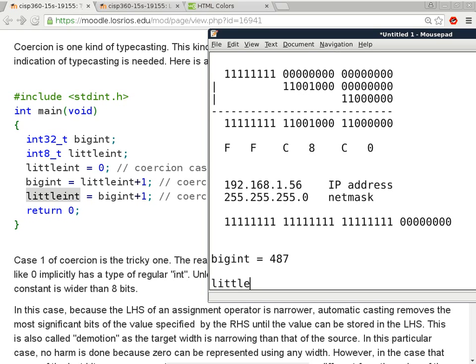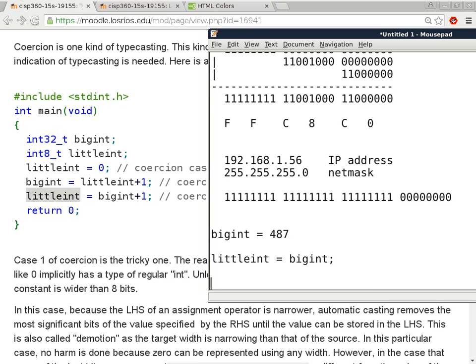And then we say little int is, store whatever is in big int into little int. Okay, and we keep the same declaration of big int and little int in this example. So the question is, if I examine little int, what is it going to store? What is the actual value stored in little int when I look at it all by itself?